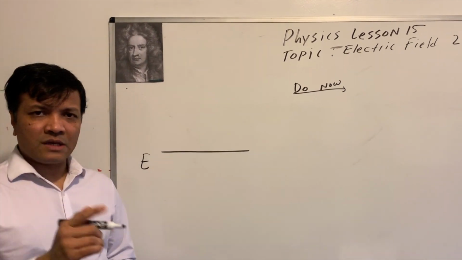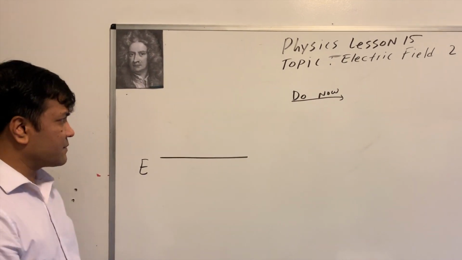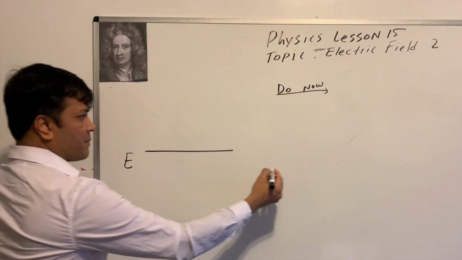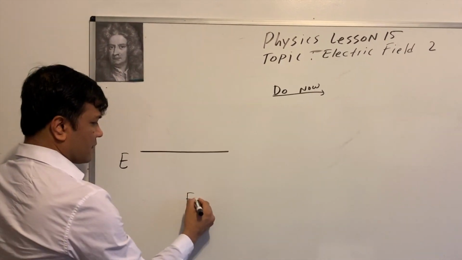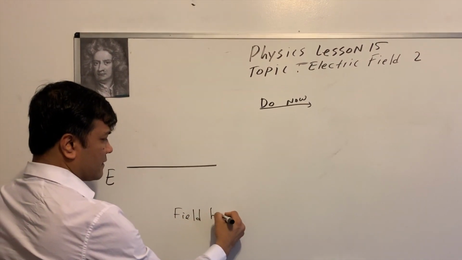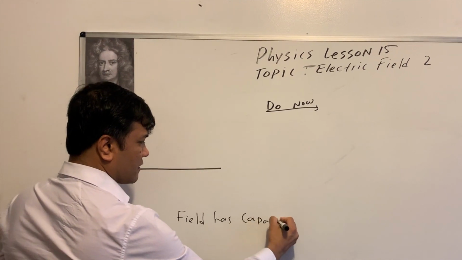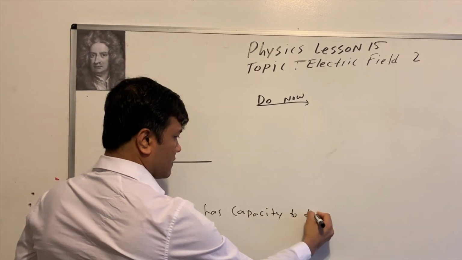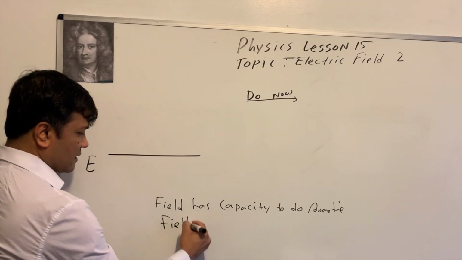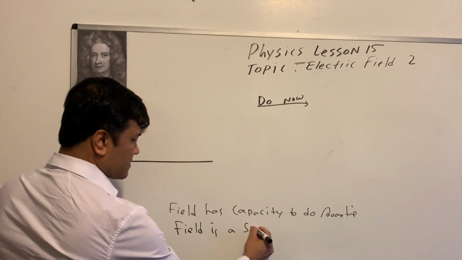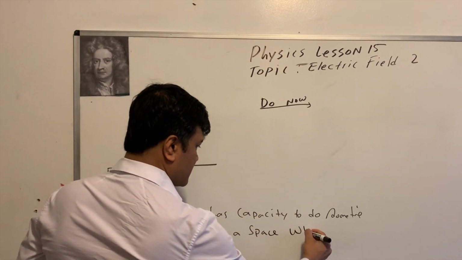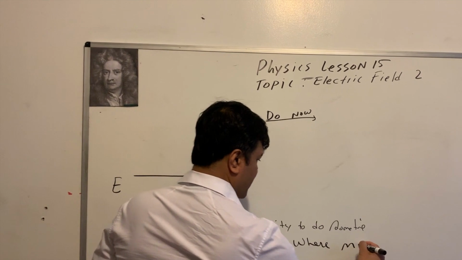Before we do that, I'm going to give you another definition of field. Yesterday I gave you that a field has a capacity to do something. Now the field is a space where a mass experiences force.